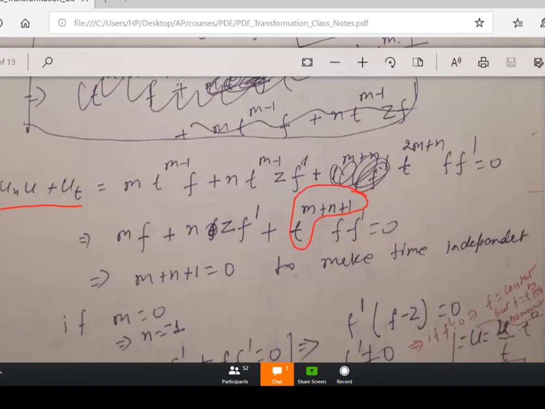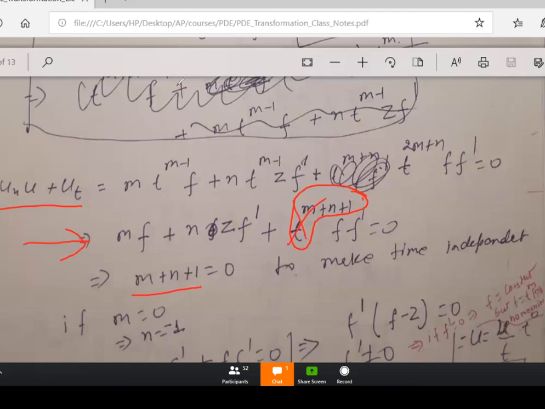So suppose if you put m plus n, this power, equal to 0, then t will be gone from here. So now this whole equation is a function of z only. So basically this is an ordinary differential equation.